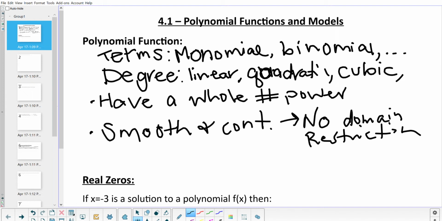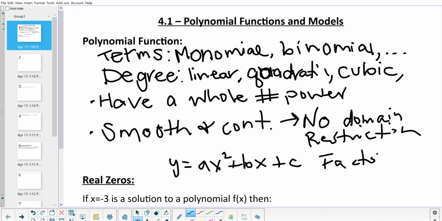And then another important thing about polynomials is that polynomials can be in standard form. Standard form is like your y equals a, this is the standard form of a quadratic, where it's in descending order by degree. But then I want you to also recognize there's also factored form. And factored form is going to have its benefits for a lot of different things coming up in the next few weeks.